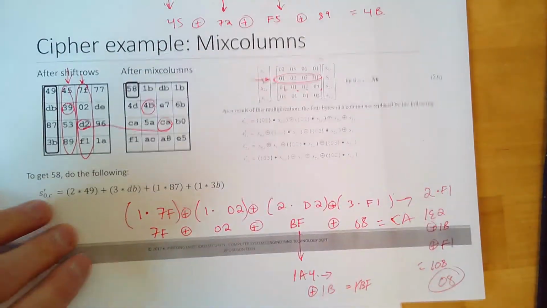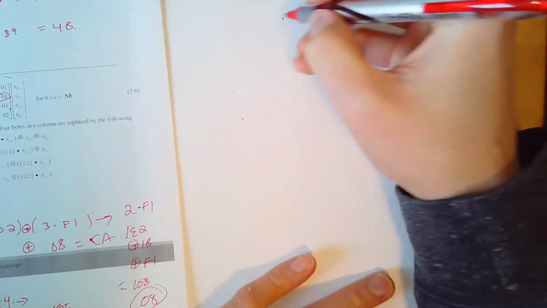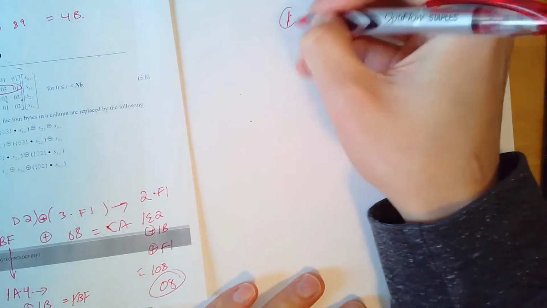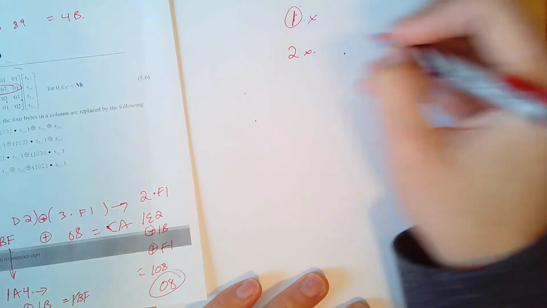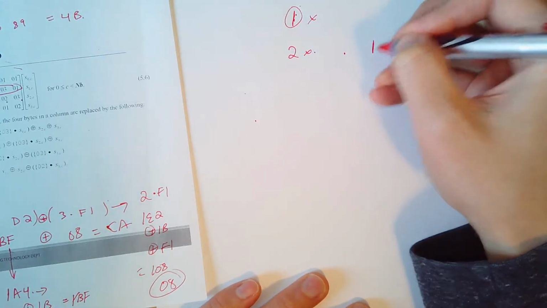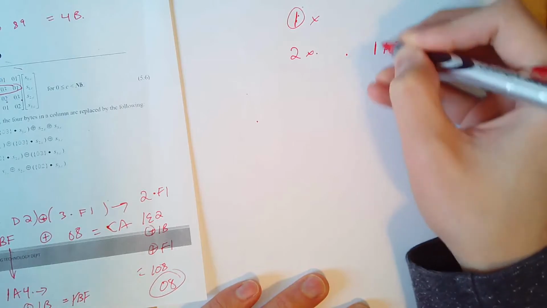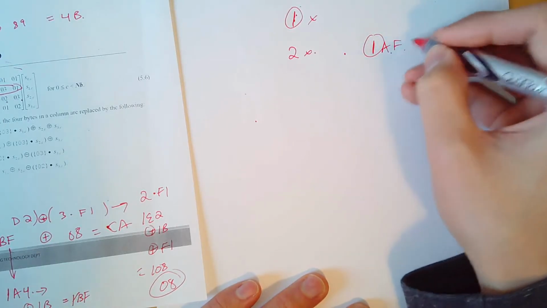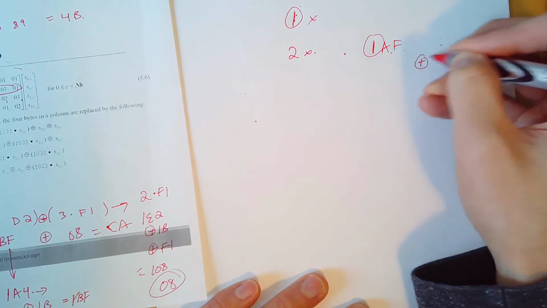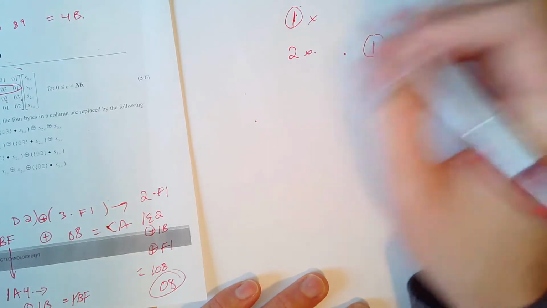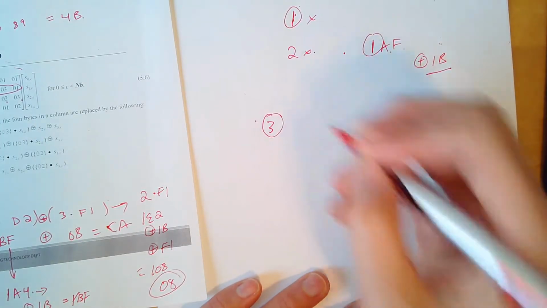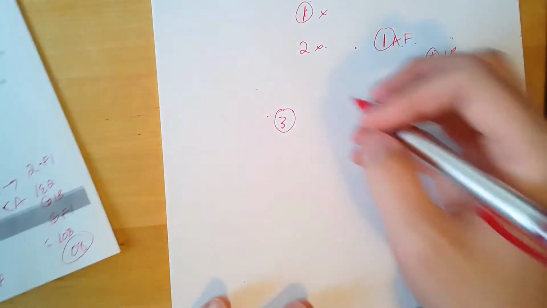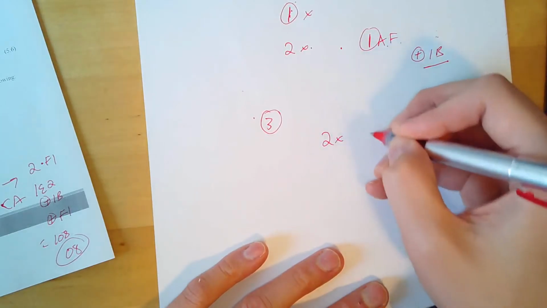Okay, so the only tricky part is this. When you have a 1, 2, or 3, right? If it's a 1, you just leave it alone. 1 times something is itself. 2 times something, when there's an overflow, like a 1AF or something, that indicates that you take this value and you have to XOR it with 1B and then drop the leading 1. If you have a 3 as a multiplier, what you do is you do 2 times the value.